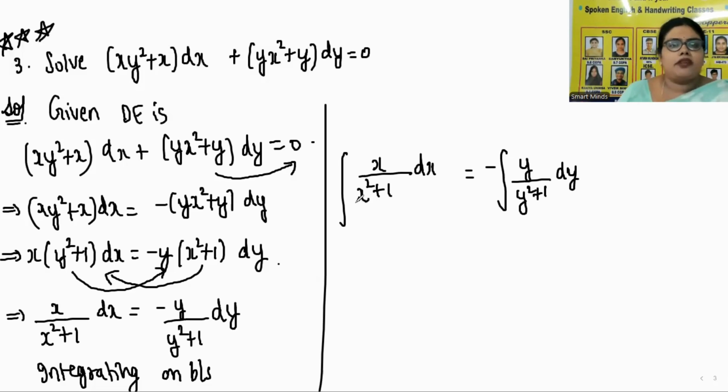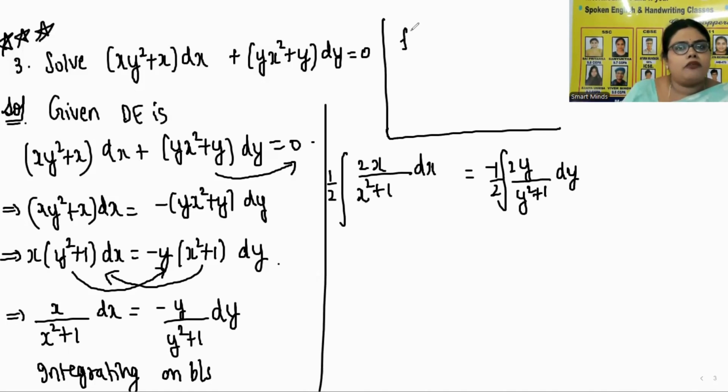X square derivative is 2x. So in the numerator, if you have 2x, then we can apply the formula. So what I am doing is I am multiplying and dividing by 2. Here also I am multiplying and dividing by 2. Why I am multiplying and dividing by 2? Because I want to bring it in the form f dash of x by f of x.